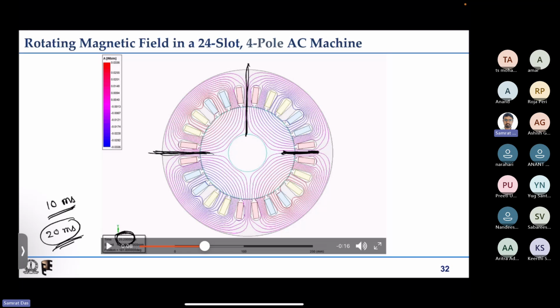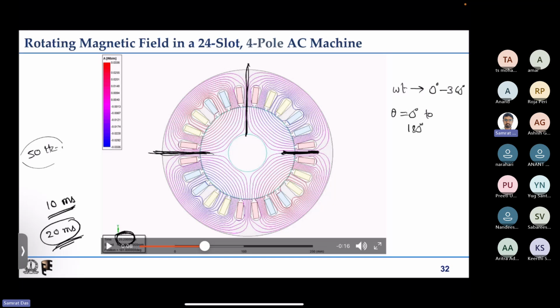So 20 millisecond means for 50 hertz current excitation, one electrical cycle is completed in 20 millisecond, but the magnetic field in space has moved by only 180 degrees. So the electrical omega t has moved from 0 degree to 360 degree, but the magnetic field theta, from theta equal to 0 degree, has only moved by 180 degree.